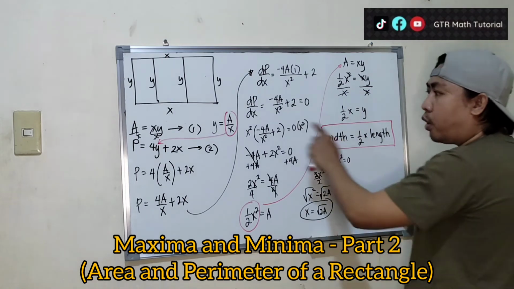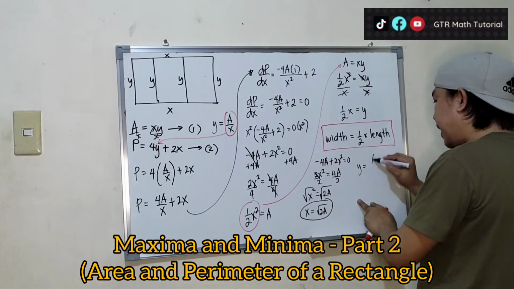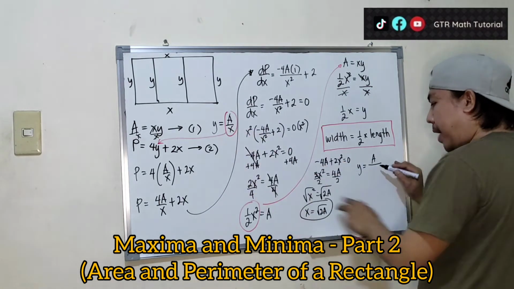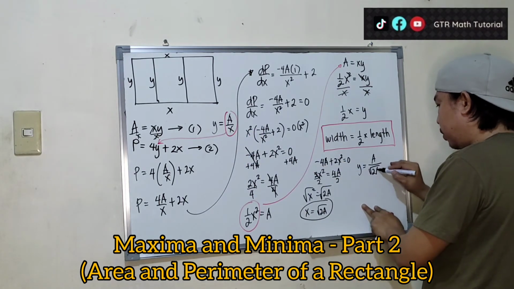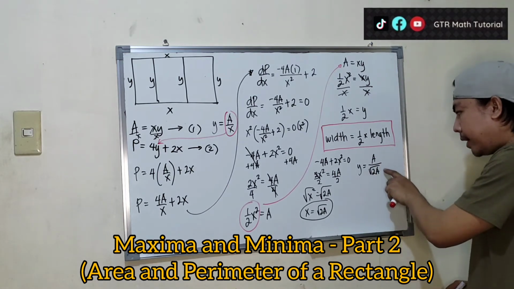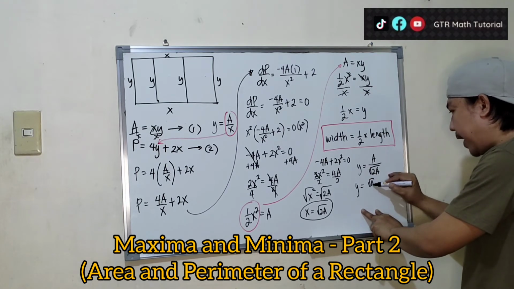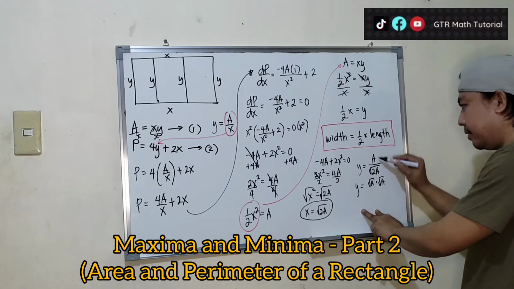And then solve for y. y is equal to a times the value of x, which is square root of 2a. So simplify. We have a can be written as square root of a times square root of a, right?